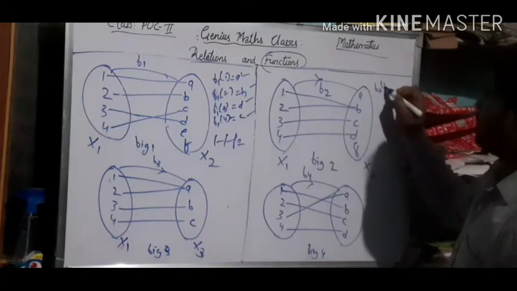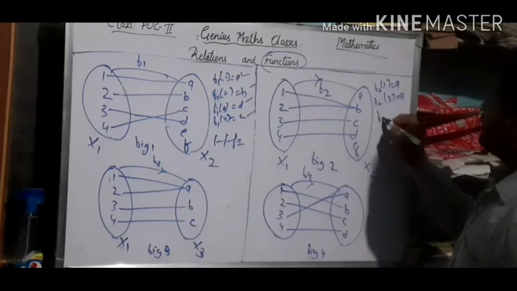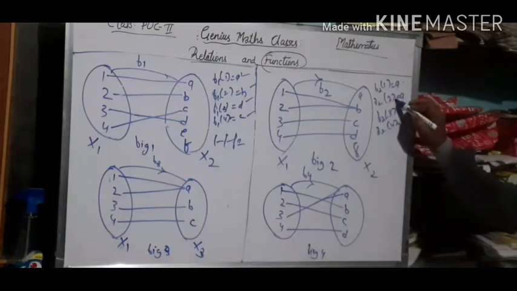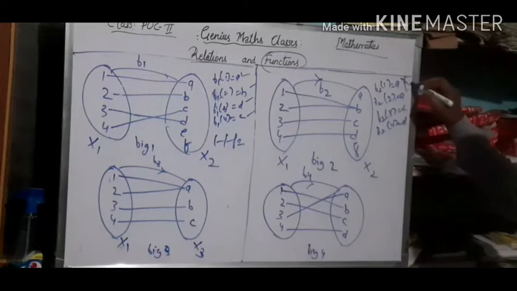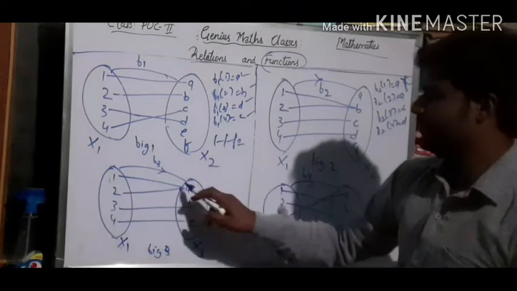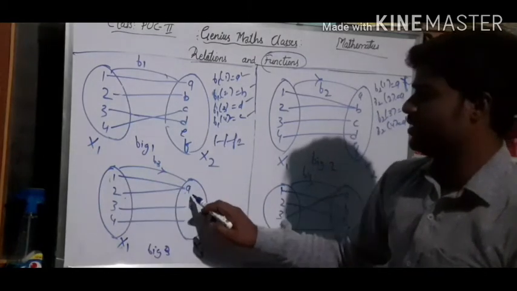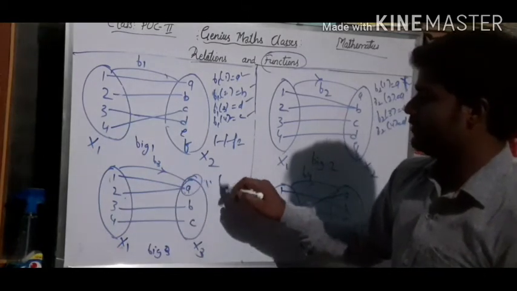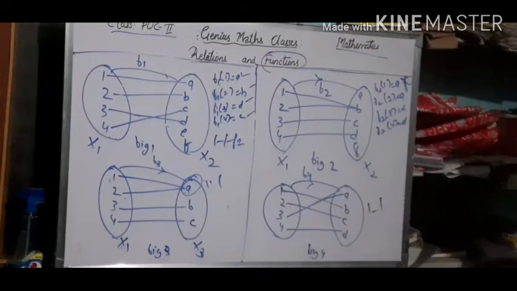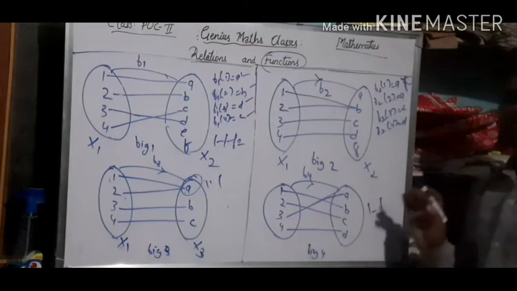F2 of 1 is A and F2 of 2 is A. F2 of 3 is C and F2 of 4 is D. Since F2 of 1 and F2 of 2 are both A, it cannot form a one-one function. Similarly F3 is also the same, so it cannot form a one-one function. Here, each has a different image. This is a one-one function. Okay, one-one function is clear.